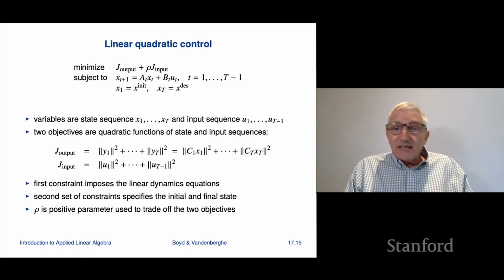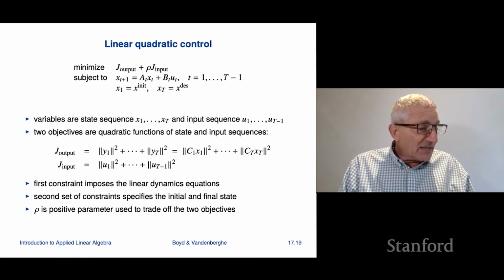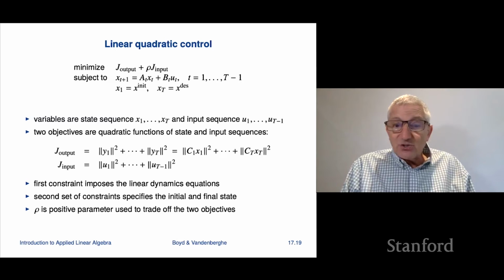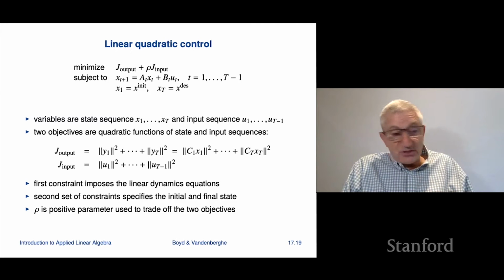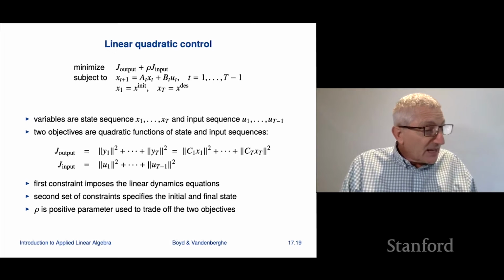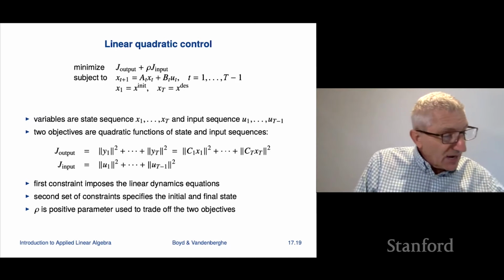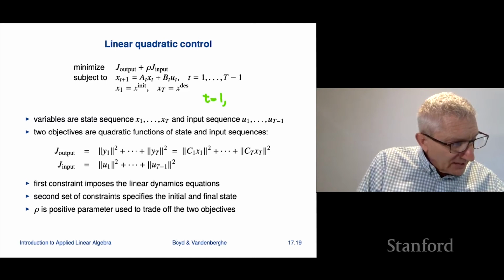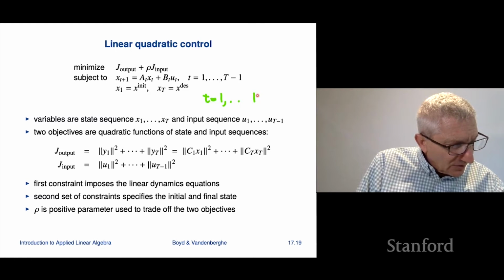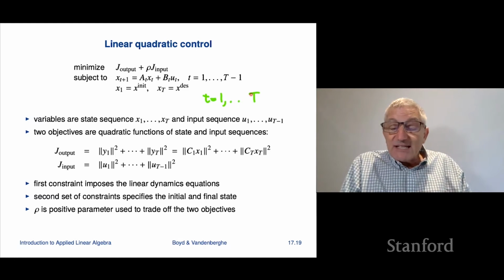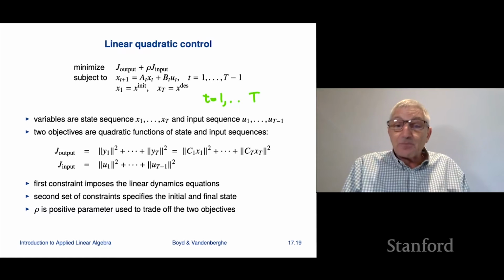Okay, so linear quadratic control: the basic idea is we are going to choose a sequence of inputs over some time horizon. The time horizon is t equals 1 going up to capital T. So we're going capital T steps into the future.